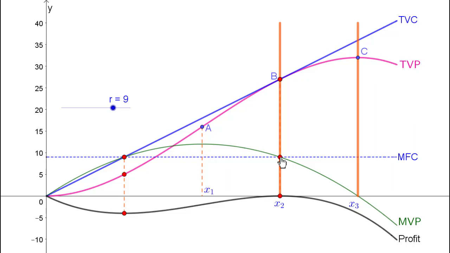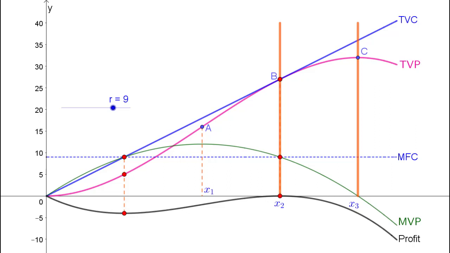You can notice that when the input is equal to X2, MVP is exactly the same as MFC, which is not by coincidence. So we showed a particular case where the input price is equal to 9. You don't really need to know what 9 means here, it's just for your reference.